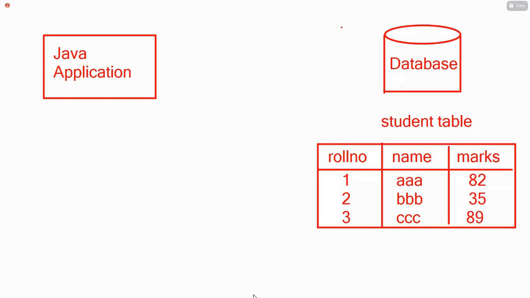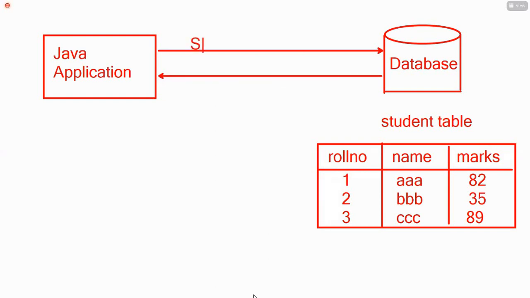Now, from the Java application, I'll send one SQL query: select star from student. Then all records come. SQL request, SQL response. You will get a result set.